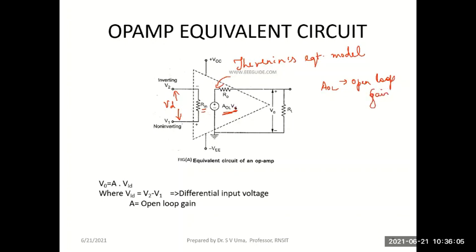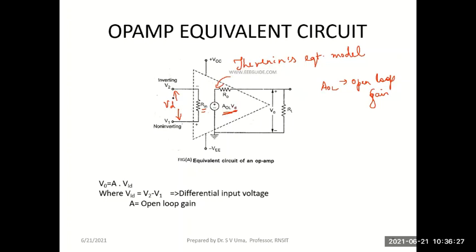What do you mean by open loop gain? When there is no feedback connected in an op-amp circuit. Open loop means the op-amp is used as it is, without any type of feedback being connected.